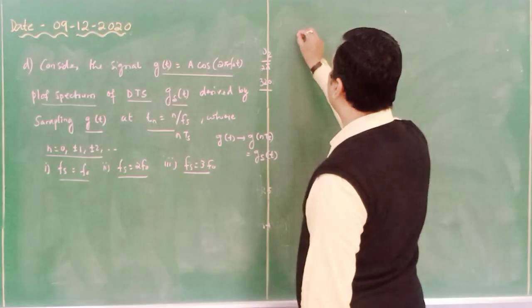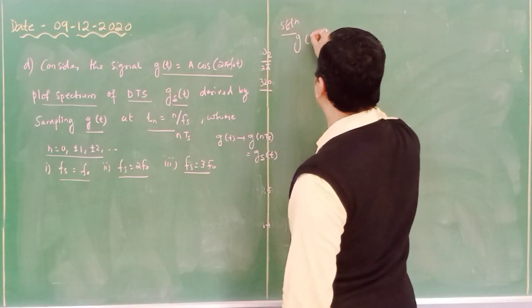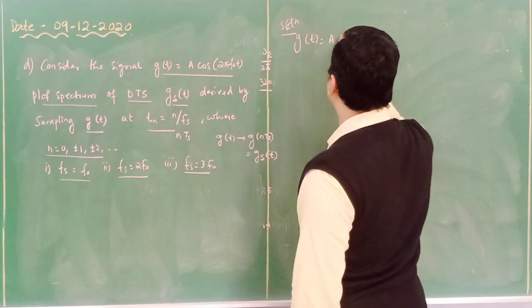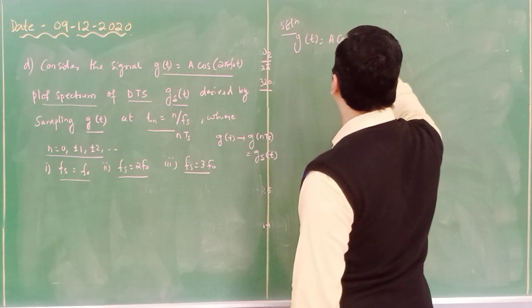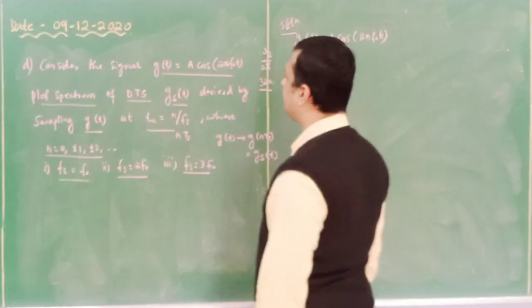So first, g(t) is equal to A cos 2πf₀t. We need to sample it.